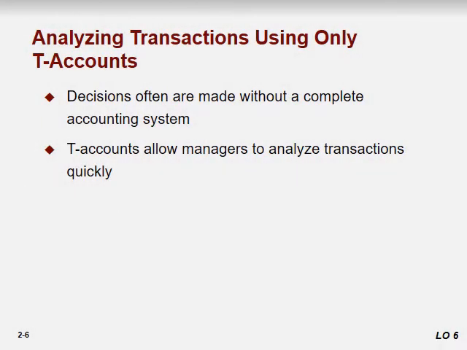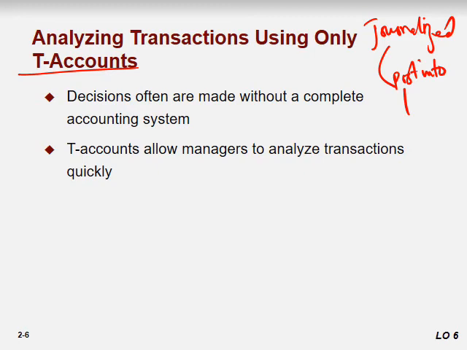And now, analyzing transactions using only T accounts. My question is, first a transaction occurs, we journalize the transaction and then we post it into the ledger, right? Can we just analyze the transaction directly into the ledger without going into the journal entry? The answer is yes.